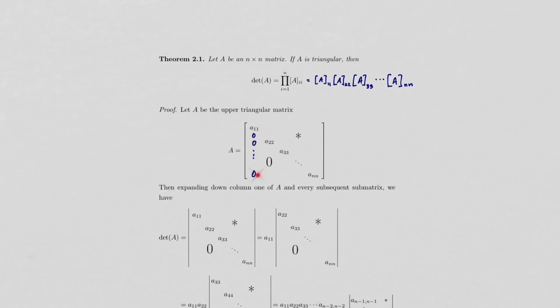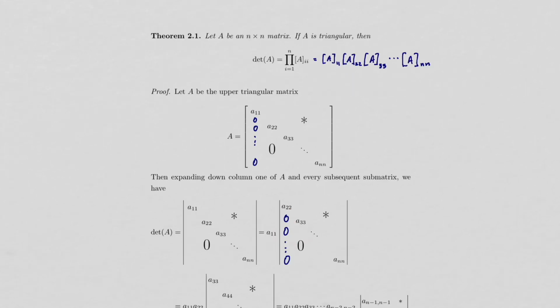So when I expand down column 1, I'm going to get A11 times the n minus 1 by n minus 1 determinant I get when I take out row 1 and column 1. So that's here. And then minus 0 times some other determinant plus 0 times some other. But I'm multiplying all those other determinants by zeros. So I really only have to do one determinant if I expand down column 1. So this determinant is equal to this one.